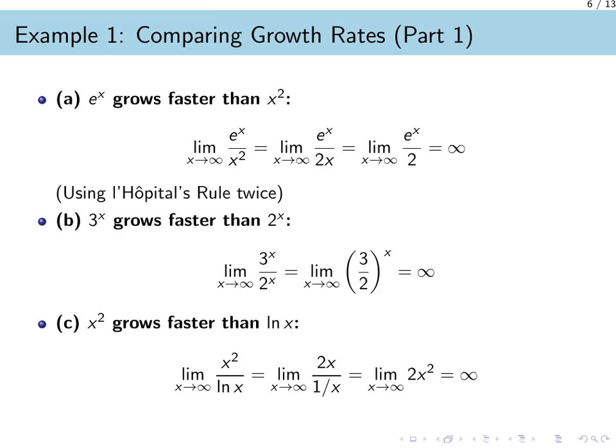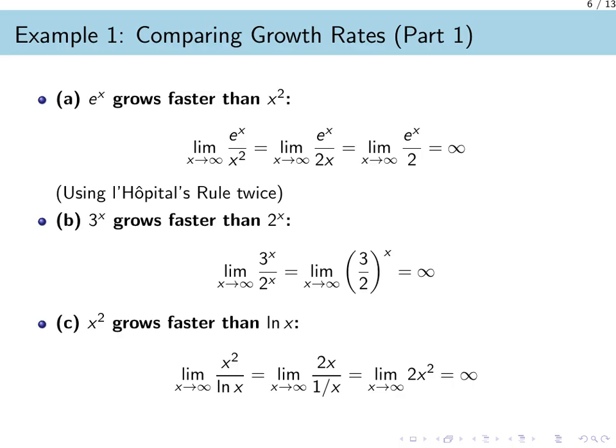Let us apply our definitions to see how we can compare the growth rates of some familiar functions by taking the limit of their ratio as x approaches infinity. In our first example, we compare the exponential function e to the power of x with the polynomial x squared. Setting up the limit gives us an indeterminate form of infinity over infinity, which is a perfect time to use L'Hopital's rule.